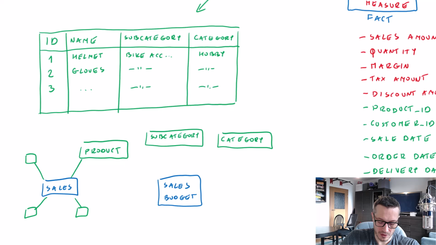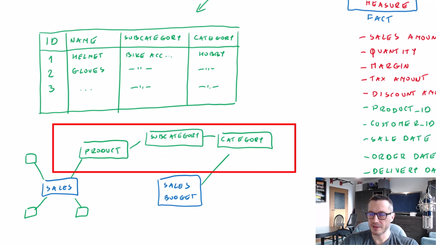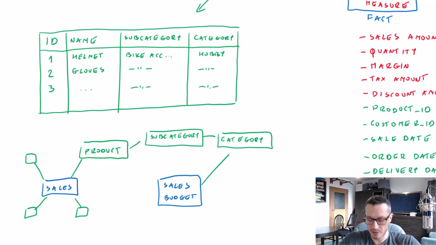Now, we would have these links between our dimensions, and we would link our sales budget with category dimension, because that's the granularity that is valid in this case. And this type of design, when you have these linked dimensions, it is called Snowflake.